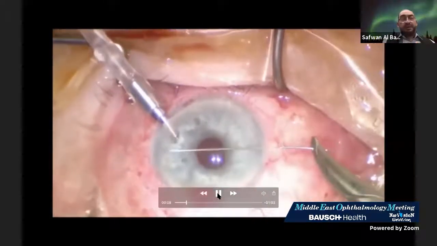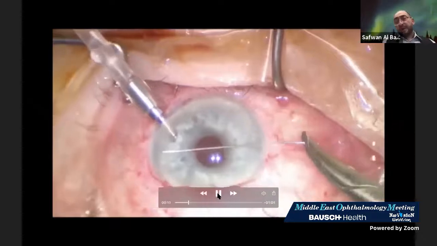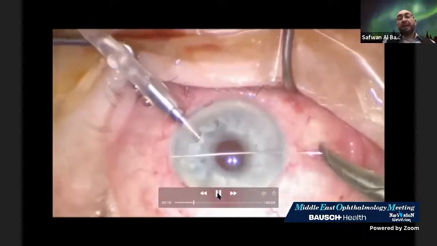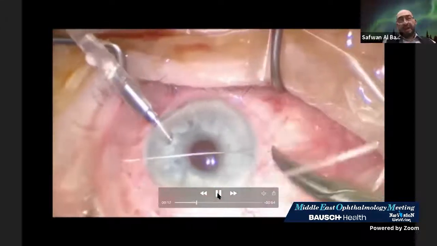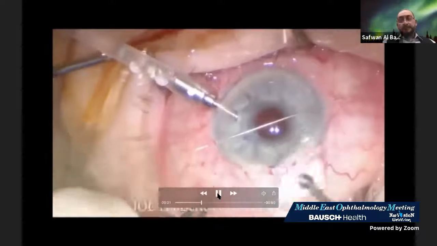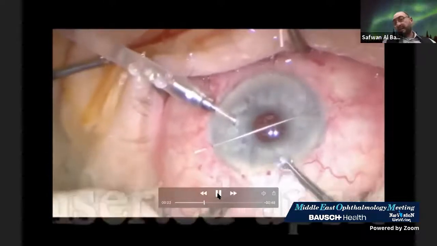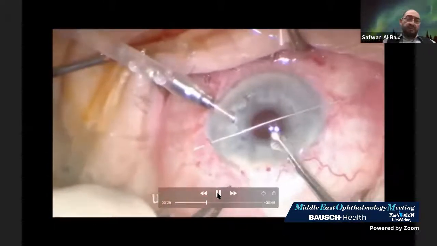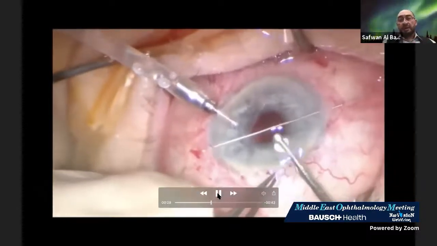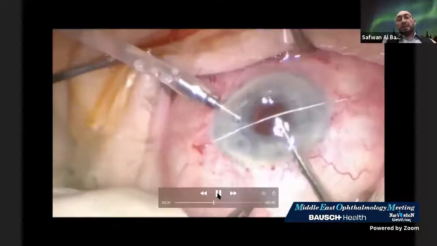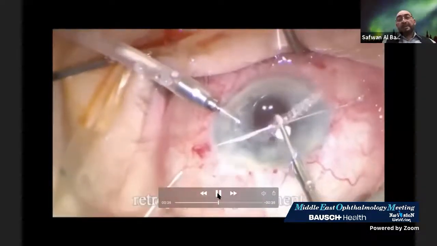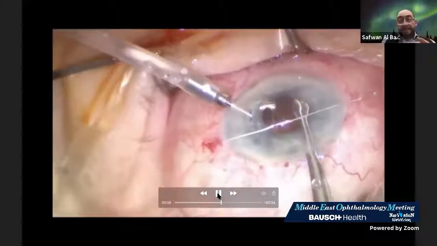This is a polypropylene 10-0 needle. He uses it for enclavation of the lens from the back on both sides, holding the lens inside, around 6.2 or something, because this is an unfoldable lens. We can use a foldable. Anyway, he put it and rotated, and then he implanted it inside.